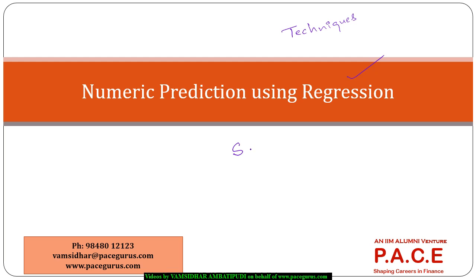Just to draw a parallel, overall it's a supervisory learning process. In supervisory learning, there are two broad headings. One is the classification models, where we are trying to predict the group of the values, and the other is numerical prediction.